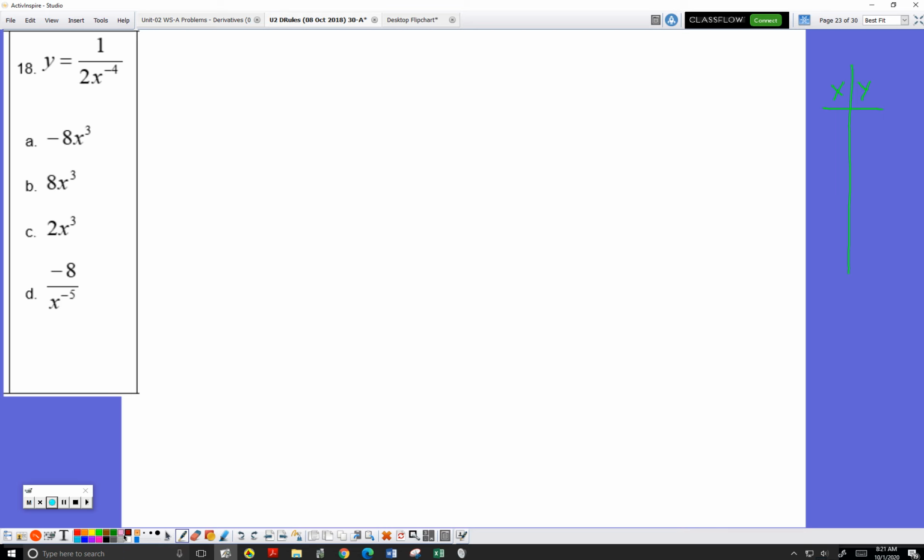This unit, my warning is, if you come to me at the end of the unit and say, I did really bad on unit 2, test 2, I need to retake test 2, the first thing I'll ask for is your 3-ring binder. I will look at your work for Unit 2.